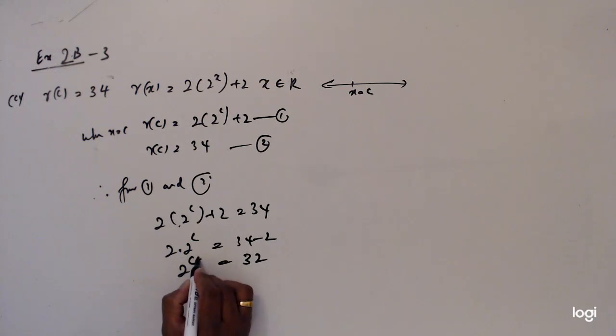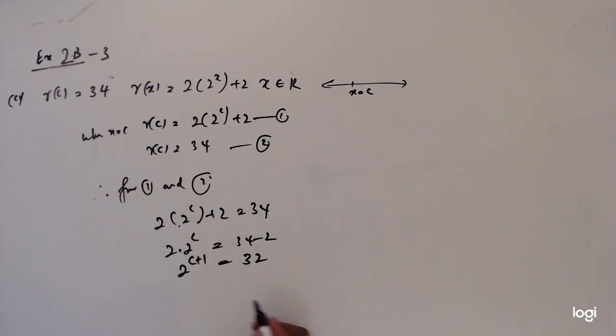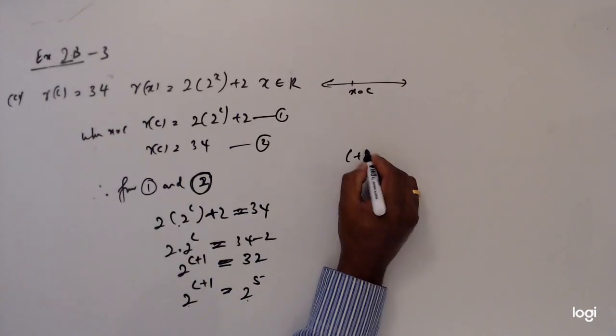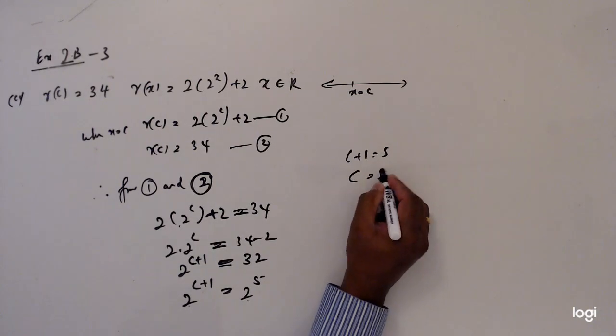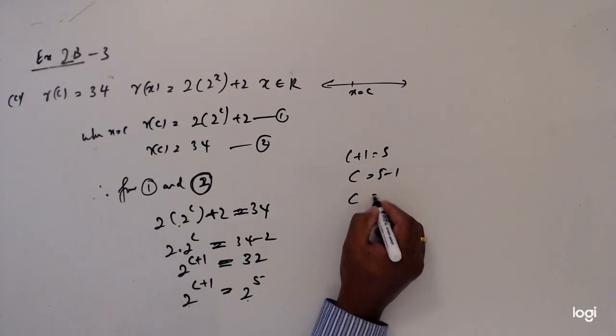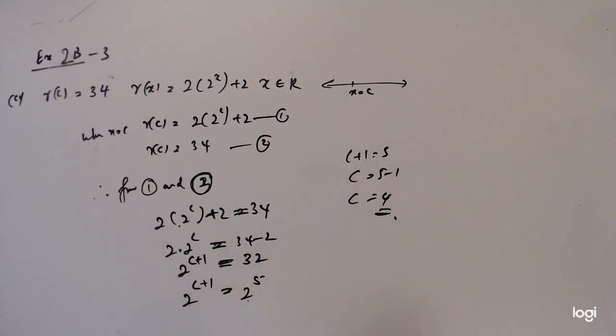This is 2 to the power c plus 1. Then 2 to the power c plus 1 equals, now 32 I can write as 2 to the power 5. Then the only possibility is that c plus 1 equals 5, c equals 5 minus 1, c equals 4.